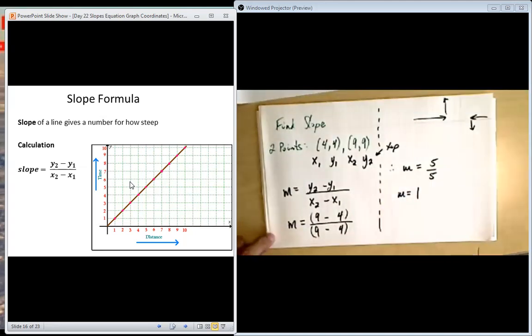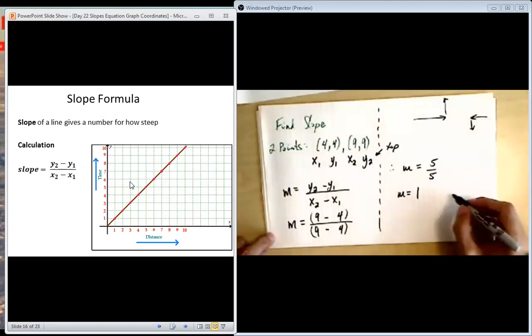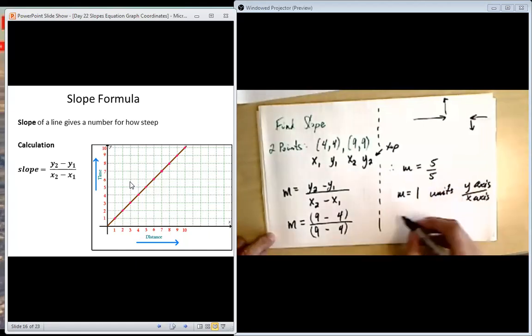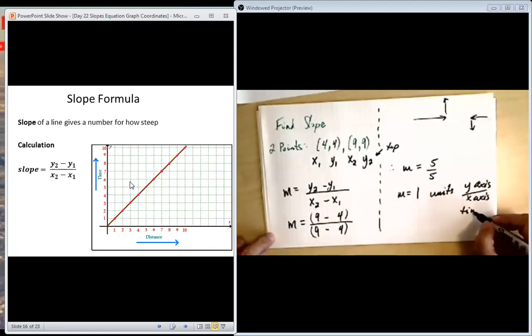Okay, now for the units, it's always going to be, remember, the y-axis over the x-axis, right? So on the y-axis, we got time. And what do we have on the bottom? Distance. Yes, it says distance.